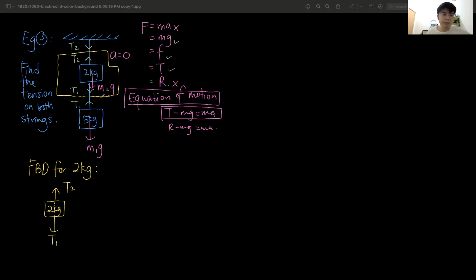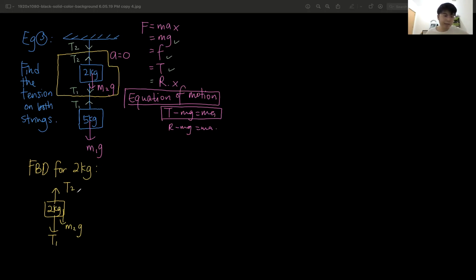What else do we have? We have the m2g. 我拿这个出来，我把它弄成 free from the diagram. Initially it's in the diagram, I take it out, I make it free. That's why we call it free body diagram.